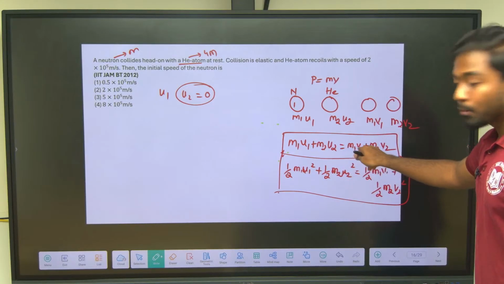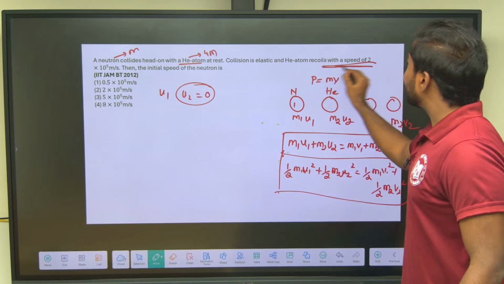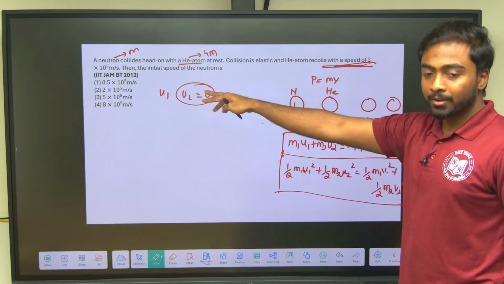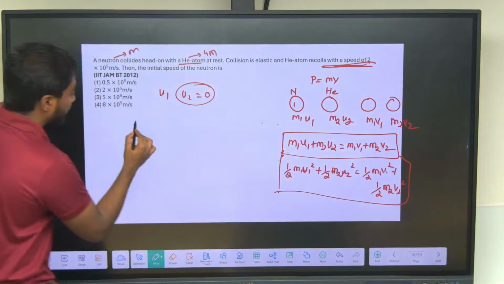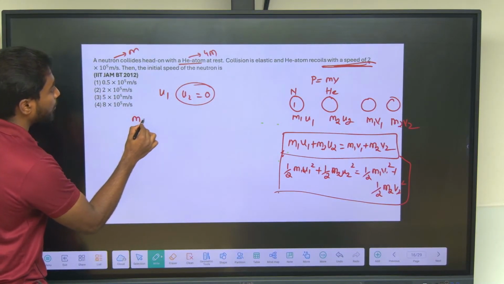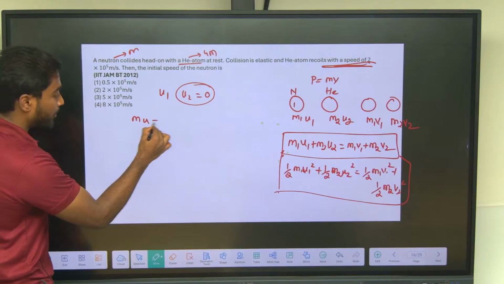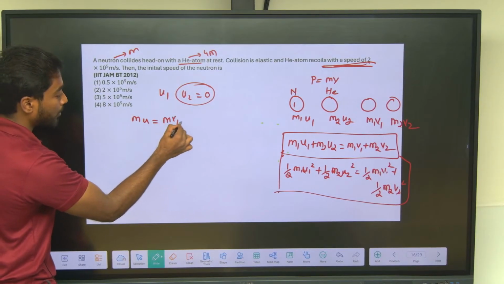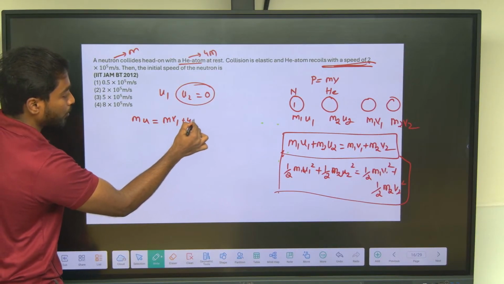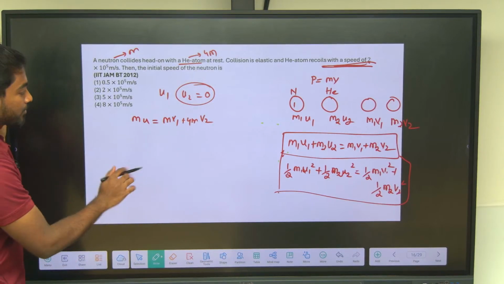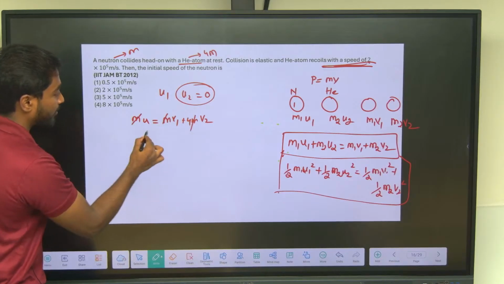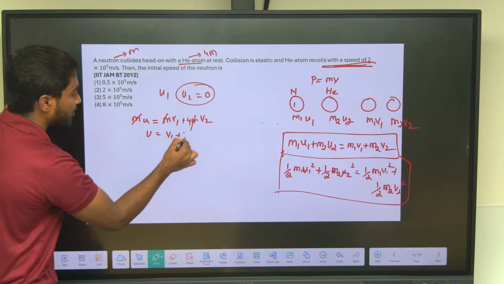I don't know v1, but they have given that helium rebounds with 2 into 10 power 5. So m into u will be equal to m into v1 plus 4m into v2. I'll keep this relation as it is. So m will get cancelled. u will be equal to v1 plus 4v2.